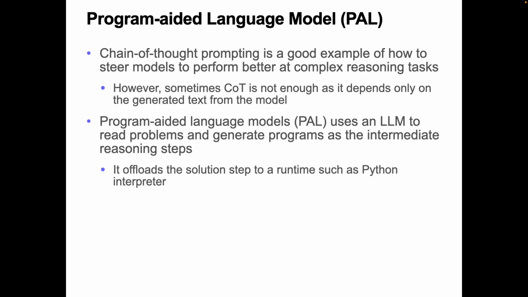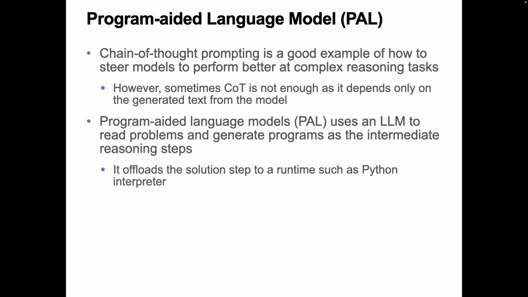But one really cool idea that came out recently is called the program-aided language model. While chain-of-thought prompting is a good example of how to steer models to perform better at complex reasoning tasks, sometimes CoT is not good enough, as it depends on the generated text from the model.